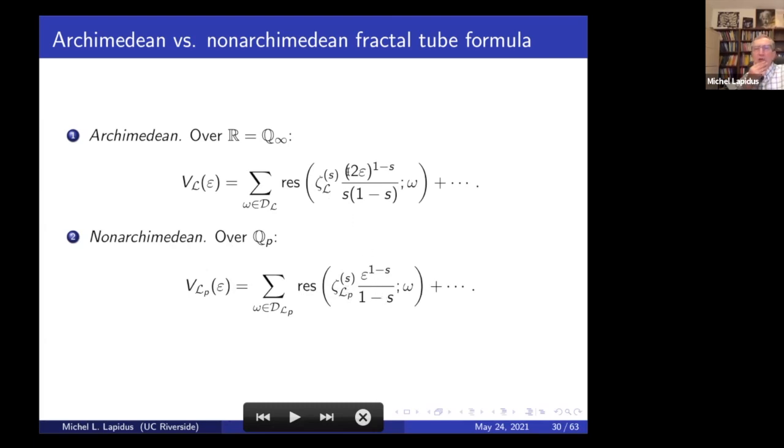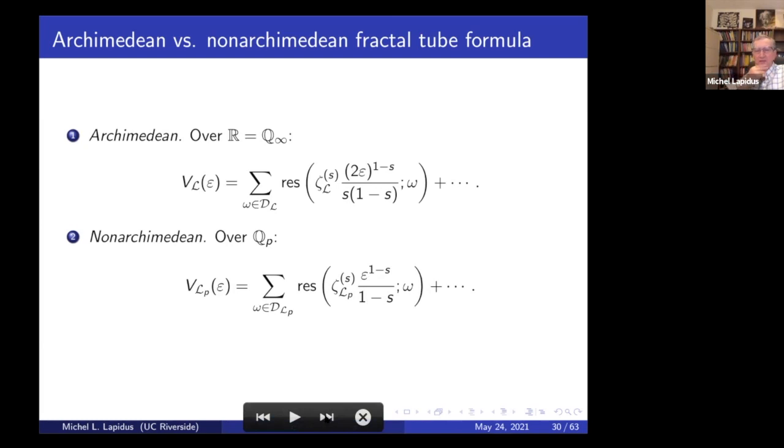So there is the 2 here, and there is this difference, which I don't have time to explain, but the 2 at least I can explain, because the inner radius of the interval [0,1] is actually 1/2, whereas it's 1 in Z_p.